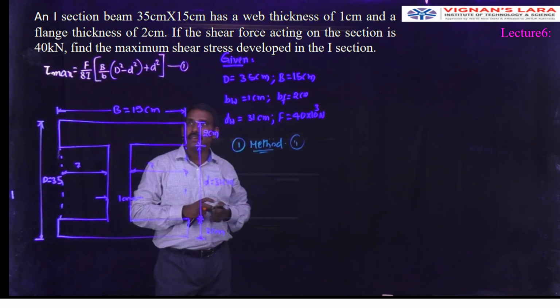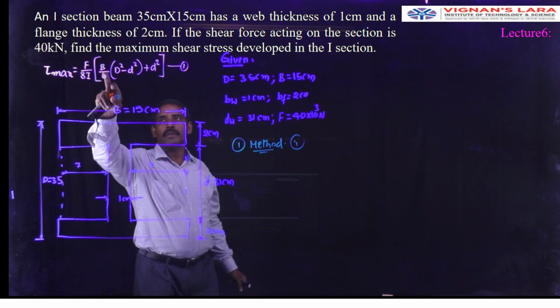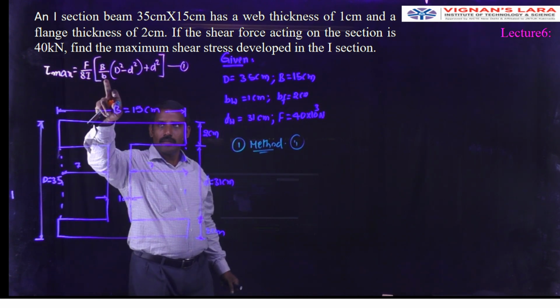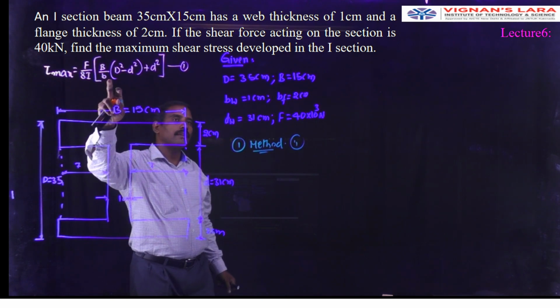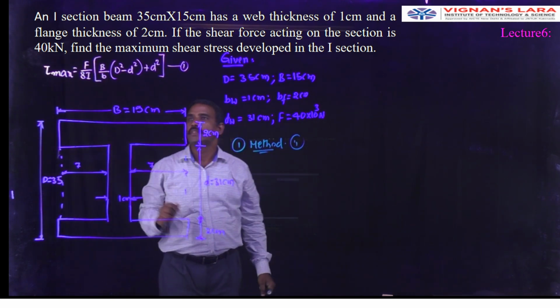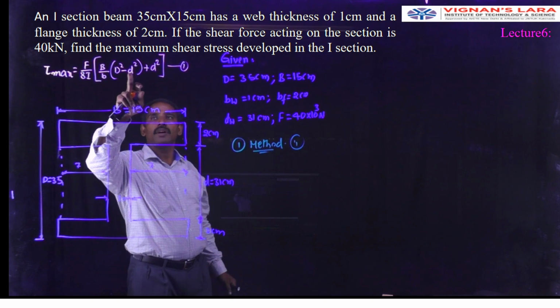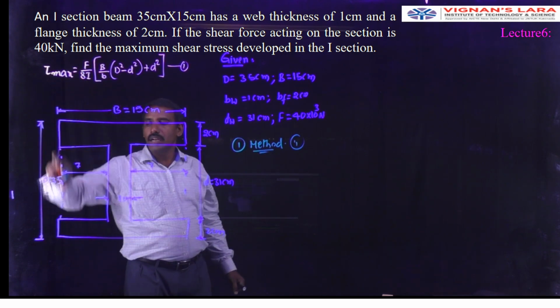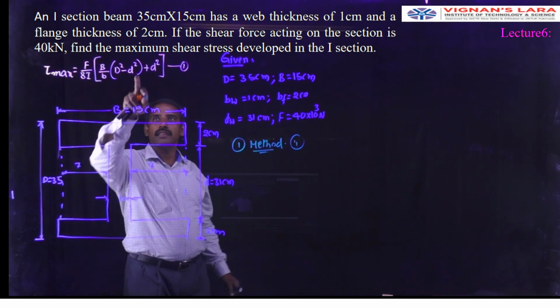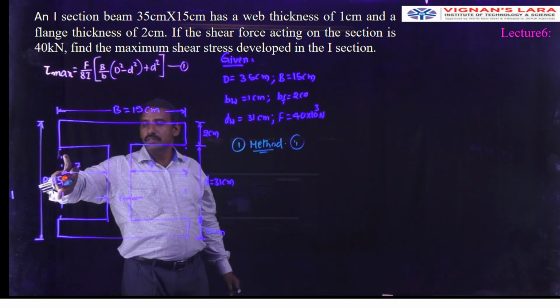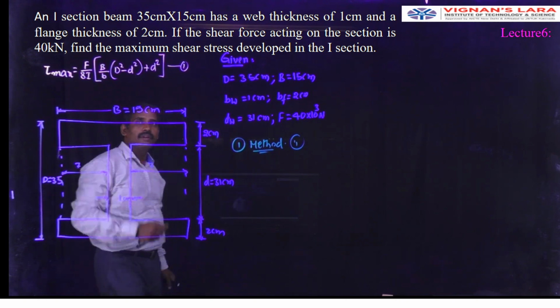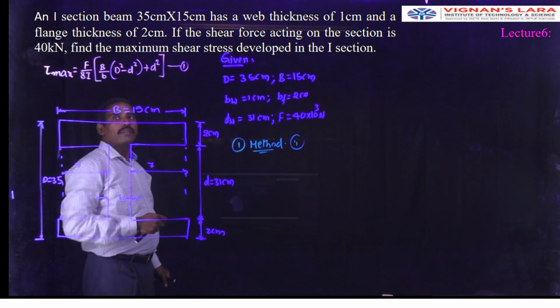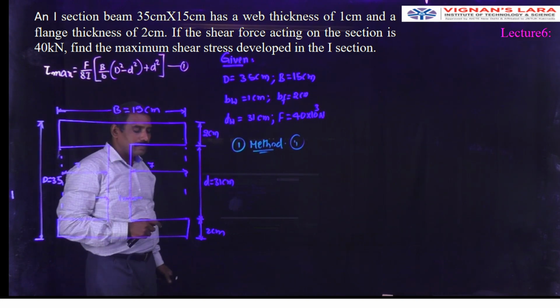Here we know capital B, the width of the flange, and capital D, the overall depth of the I section. Small d is the depth of the web, and we have to find the moment of inertia.